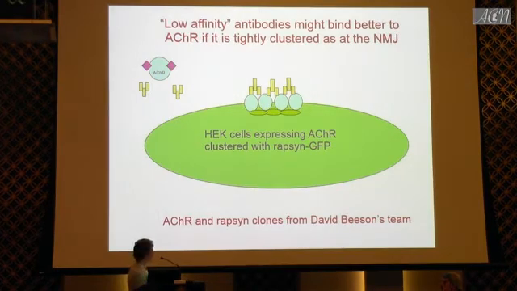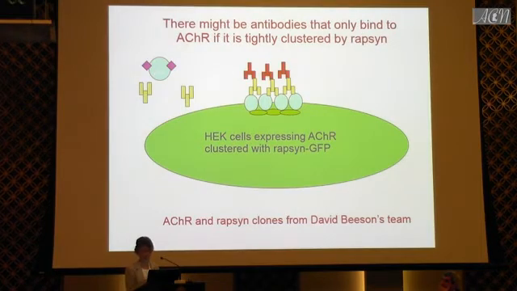So what we did was to express in this cell line the acetylcholine receptor, which is shown here, with rapsin, which we made green, and then we said, can we now detect the antibodies binding to the acetylcholine receptor, because they'll be able to bind with two arms at once. And rather like I showed you earlier this morning, we detected the binding with a second antibody, which was red fluorescent.